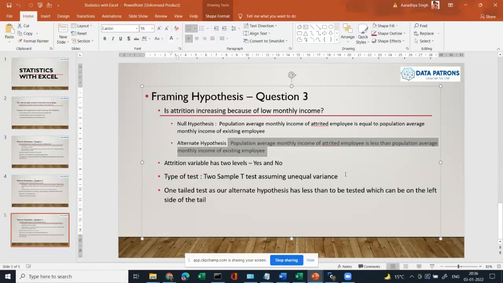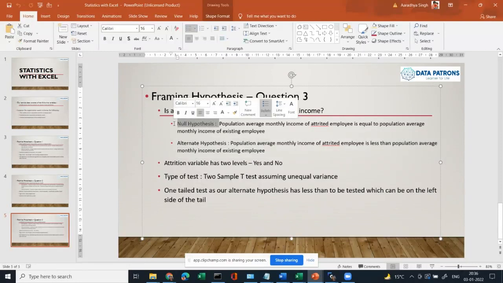The remaining case, which is if population average monthly income of attrited employees is equal to population average monthly income of existing employees, will be captured as our null hypothesis. In the null hypothesis, we have to ensure that there is an equality sign, which we have kept here to say that population average monthly income of attrited employees is equal to average monthly income of existing employees.